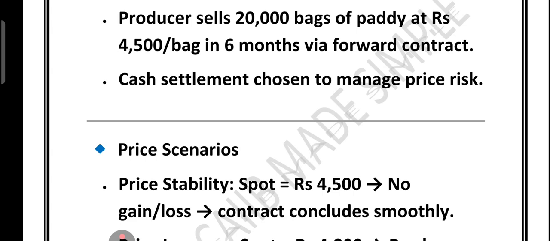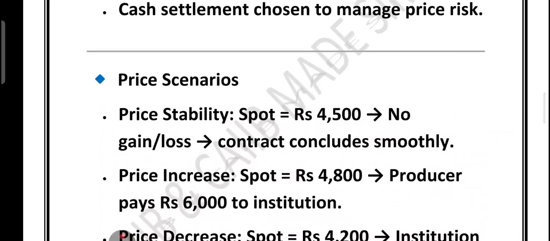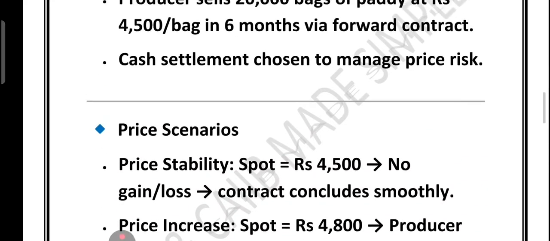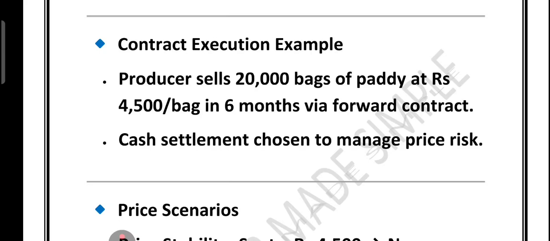The contract locks the selling price today, giving the farmer protection against future price change. The purpose is very simple: to protect against future price fluctuation.